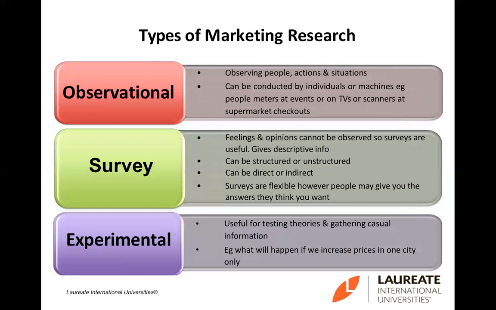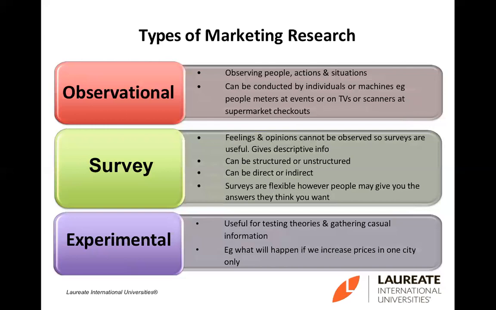Now from the marketing practice perspective, we can do experiments not only to test theory. For instance, what if we increase the price of a certain product in one city only and not in the other cities, and we observe?